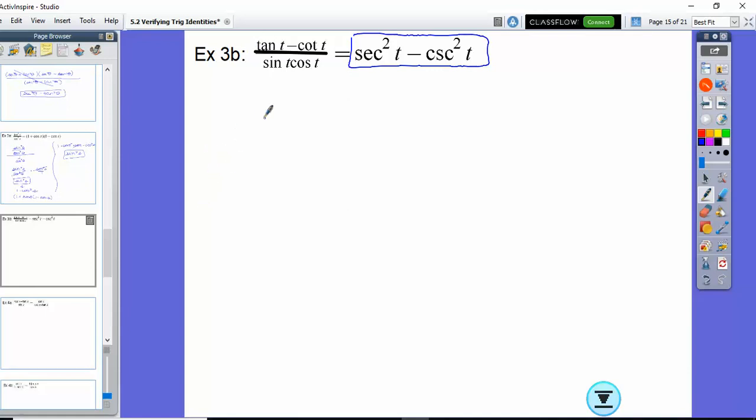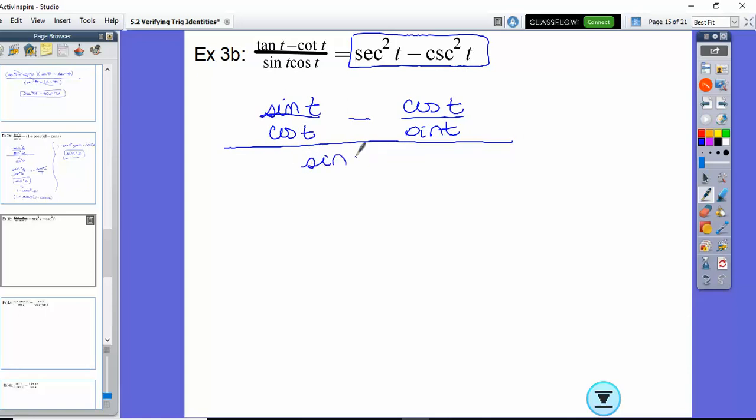All right, so what would I change tangent to? These are the formulas that you are expected to know, so if you're struggling with these, you might start studying them now. Cotangent is cosine over sine. The bottom is already sines and cosines.